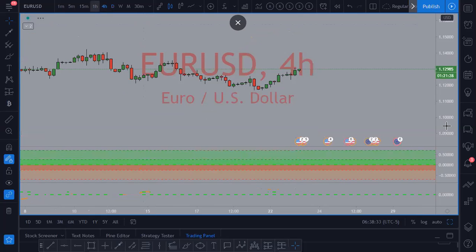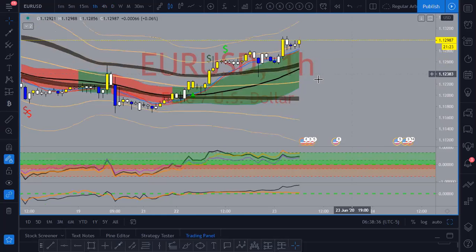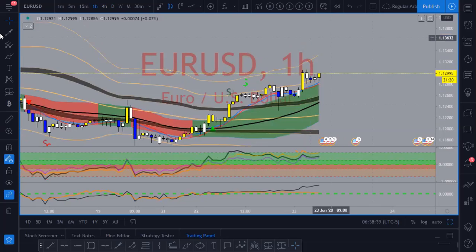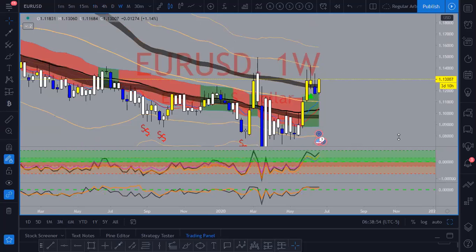On the 1 hour time frame, if it breaks this high, then it'll continue going up. But I'm not really trying to get into EU. Let me look at the weekly. Even on the weekly, it's bullish.